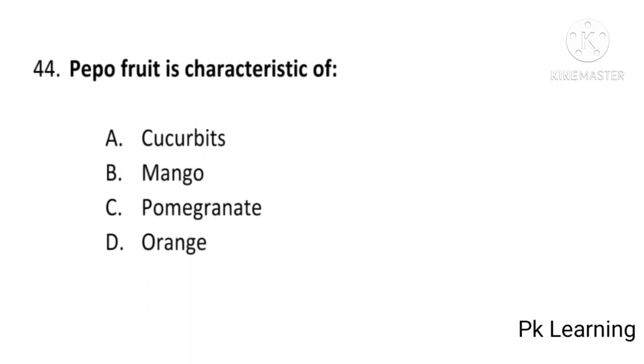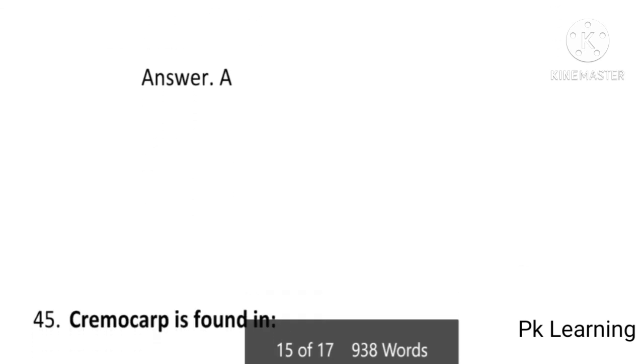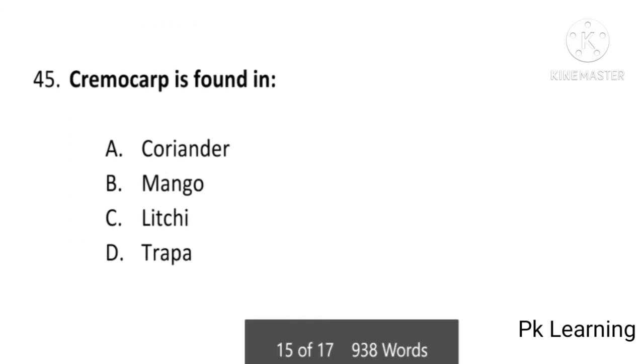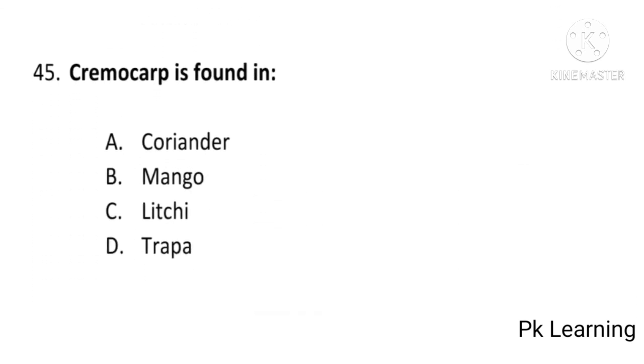And next question is, pepo fruit is characteristic of cucurbits, mango, pomegranate, or orange. And answer is A, cucurbits. Pepo fruit is characteristic of cucurbits. A is correct option. And next question is, cremocarp is found in coriander, mango, lychee, or trapa. And answer is A, coriander.